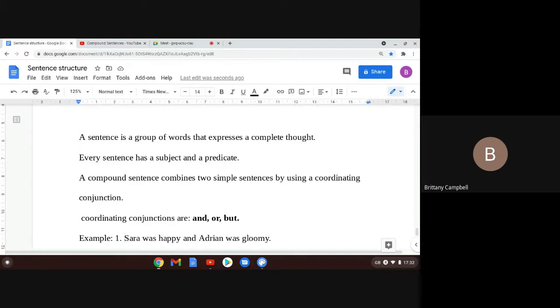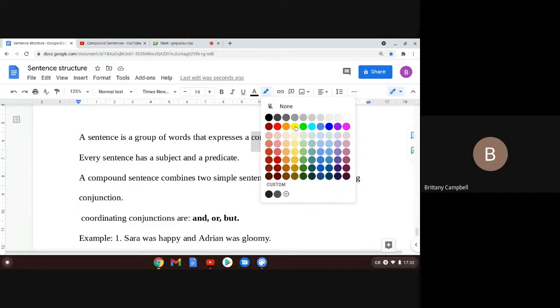It means that we're having two simple sentences merging, two simple sentences combining to give us a complete thought. So ensure that when you're writing, you express a complete thought.